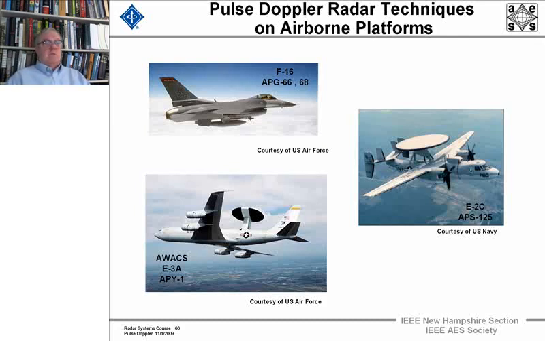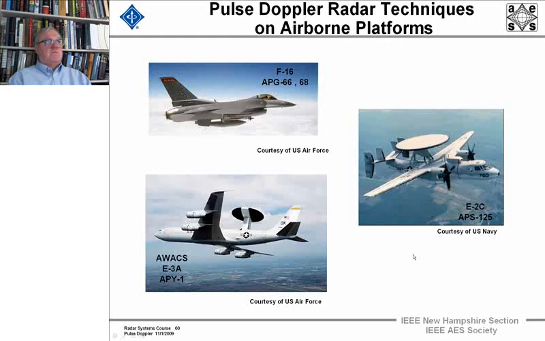This can take you up to many tens of thousands of feet and give you over-the-horizon coverage for the aircraft carrier elements of the fleet and send down information on threat aircraft or missiles or what have you.